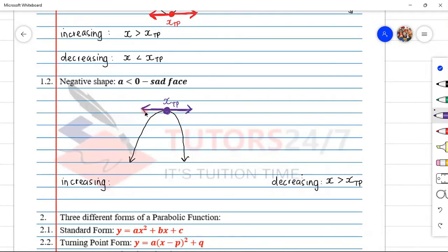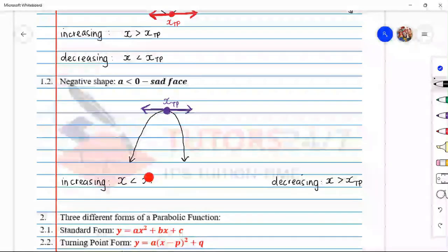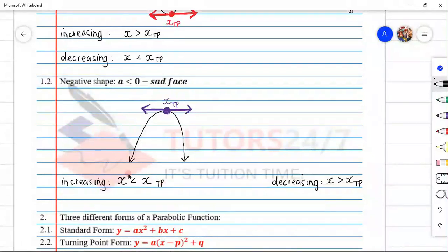So draw our arrowhead. As you can see, the arrowhead is pointing to the left. Therefore, that's the direction that we are going to use in our inequality. So for what values of x is this parabolic function increasing? It's increasing for all the values of x that are less than the x value of our turning point. So if our turning point was 2, it would be x less than 2.